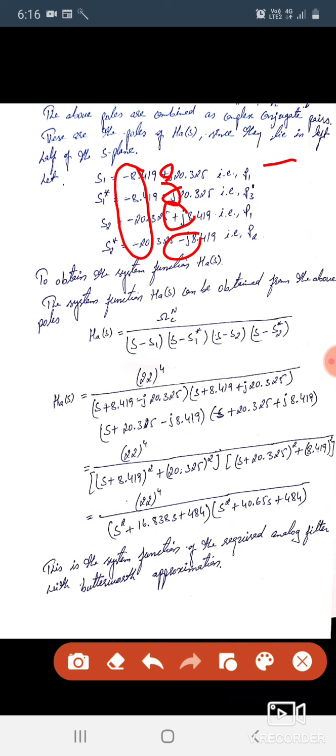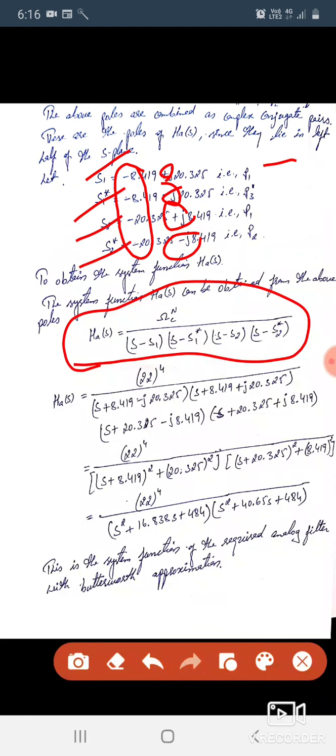Then to find the system function, Ha(s) has a standard formula. Use this formula: omega c power n divided by (s minus s1)(s minus s1 star)(s minus s2)(s minus s2 star). We got our s1 star, s2 star. Also we got our omega c as 22 radians per second. Just substitute here, 22 power n, where n is 4.